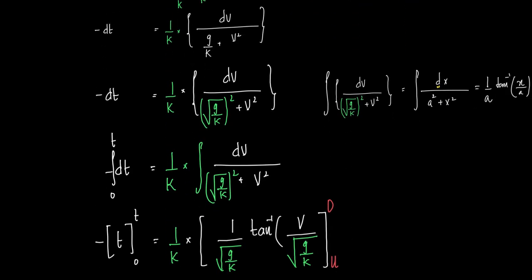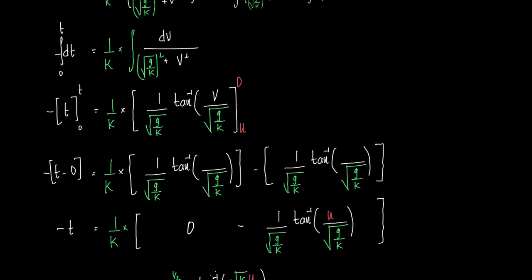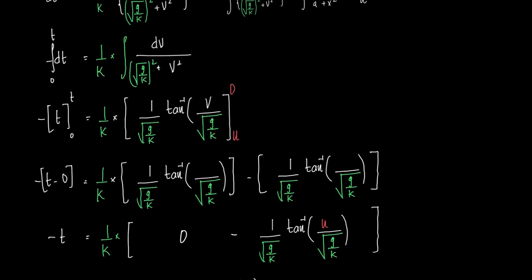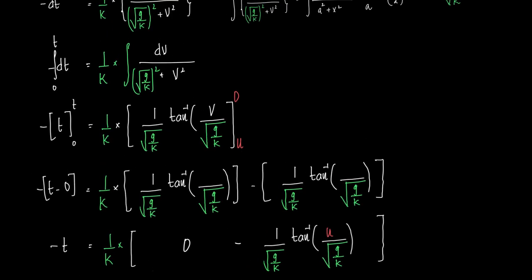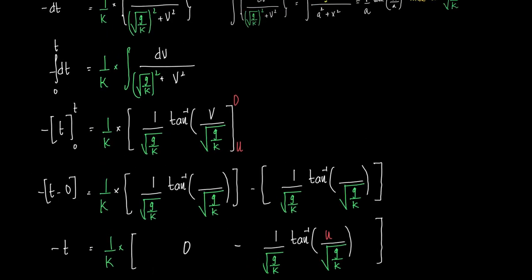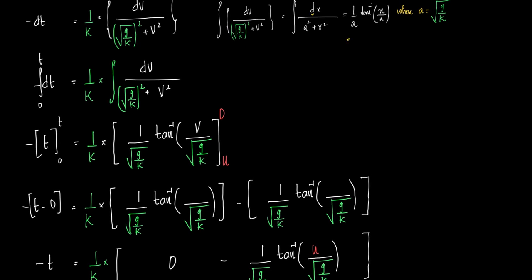So if we do the integration part, we know the integral is 1 by a tan inverse x by a, where a is equal to root of g by k. So we have 1 by k into the integral of dv by root of g by k. Now what is the value of this integral?